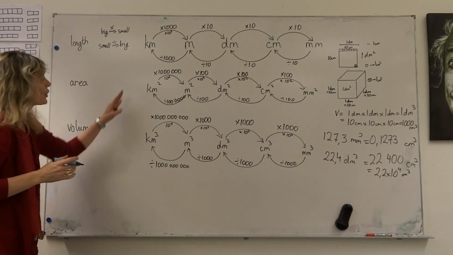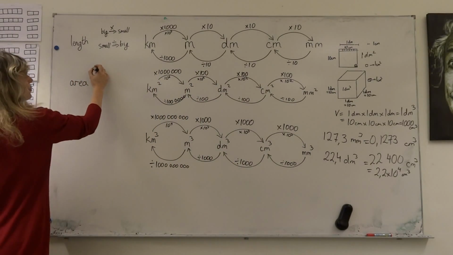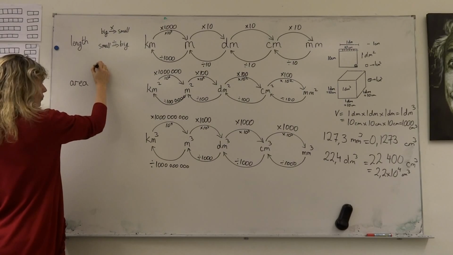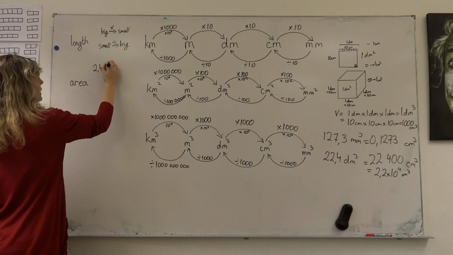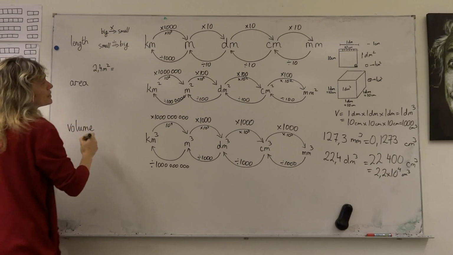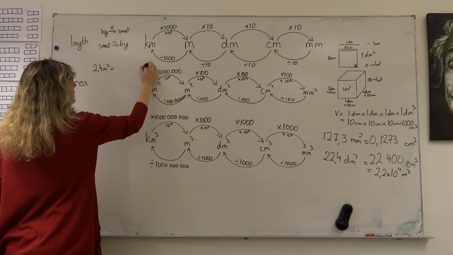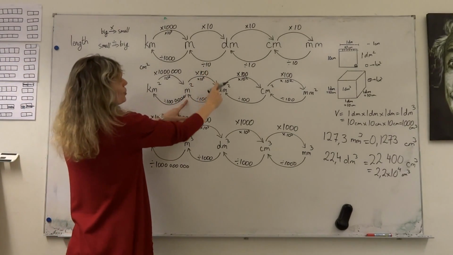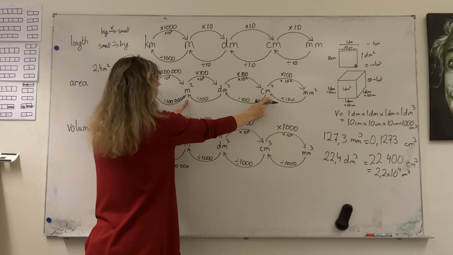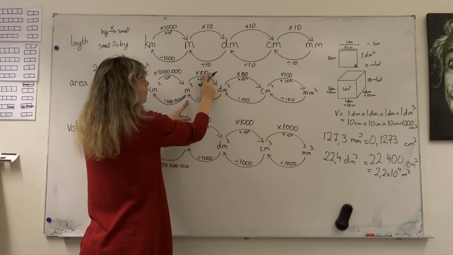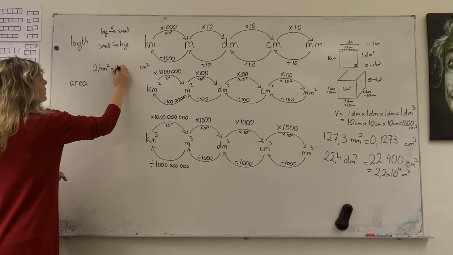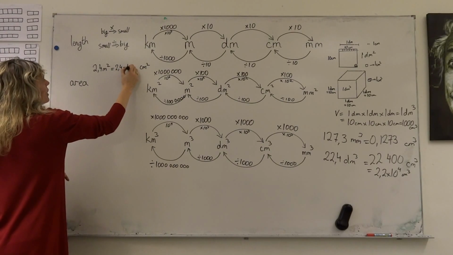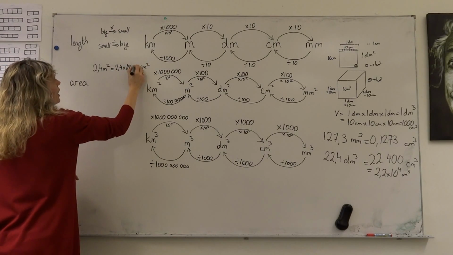If we were working on a question with area, if I asked you to go from 2.4 meters squared and give me an answer there in centimeters squared, I'd have to go from meters squared. I've got 2 steps to jump all the way to centimeters squared, so I'll have to multiply by 100 times 100.